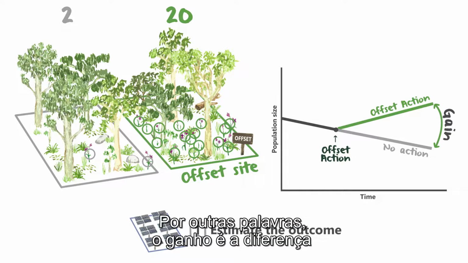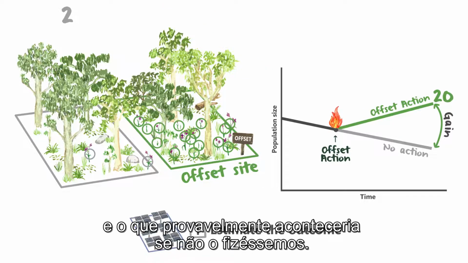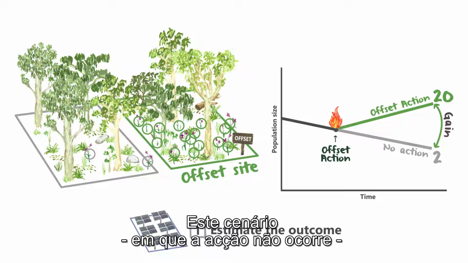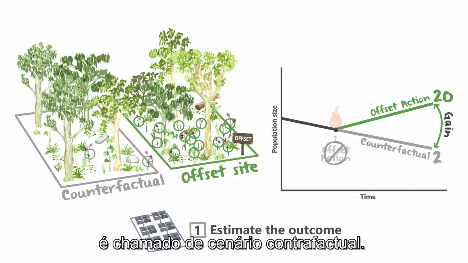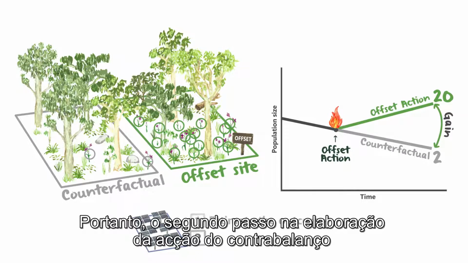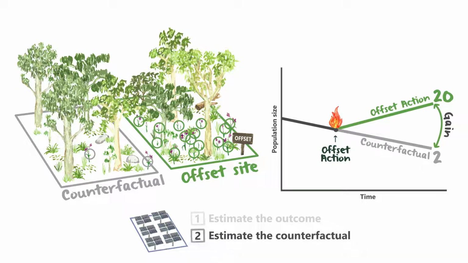In other words, the gain is the difference between how many plants we would have if we do the offset action and how many plants we would have if we don't. So this scenario in which the offset action does not occur is called the counterfactual scenario. So the second step in working out the offset gain is estimating this counterfactual scenario.